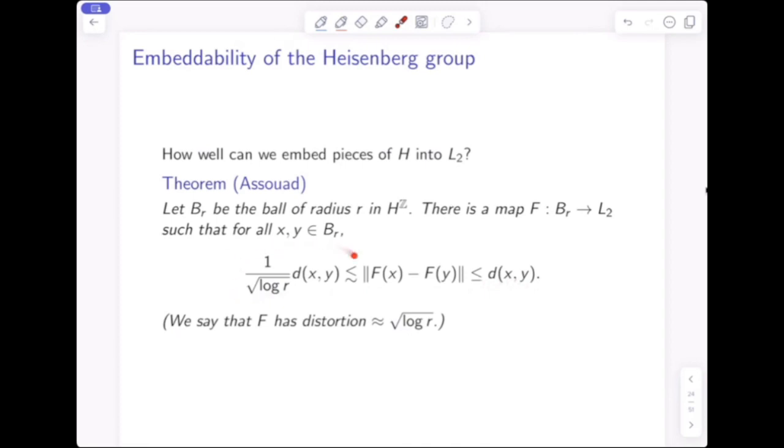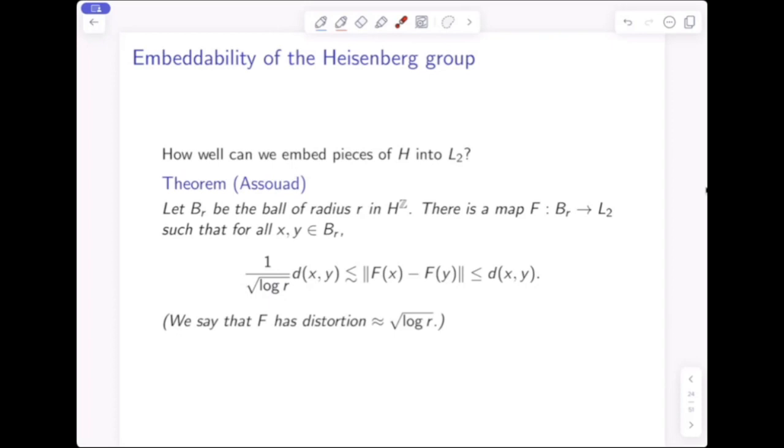So it can decrease distances, but by no more than a factor of root log r. One term for this is that this is a map with distortion on the order of root log r.